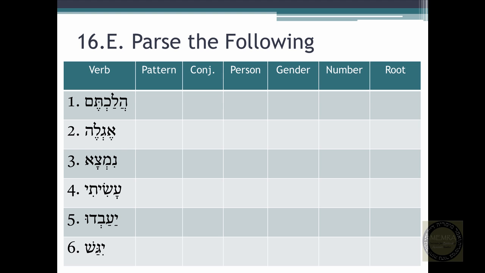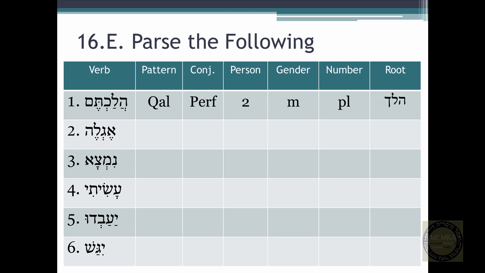Parsing, again, the verbs. Let's just go down this way real quickly. I'll take them the same way we've always taken them, so I try not to rush here. Halaktem, is there a prefix? No. So that means it must be a perfect form, and we've only had the qal so far.